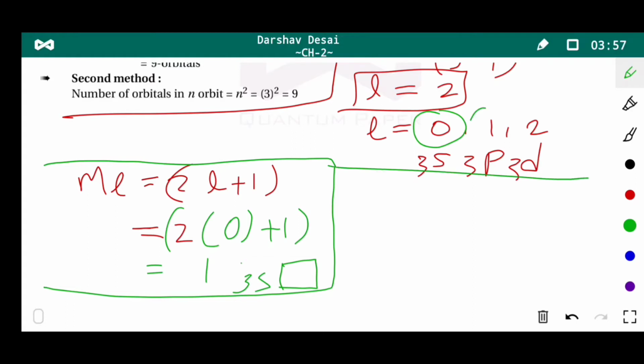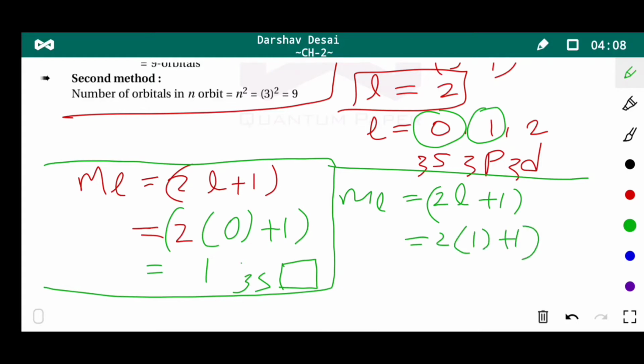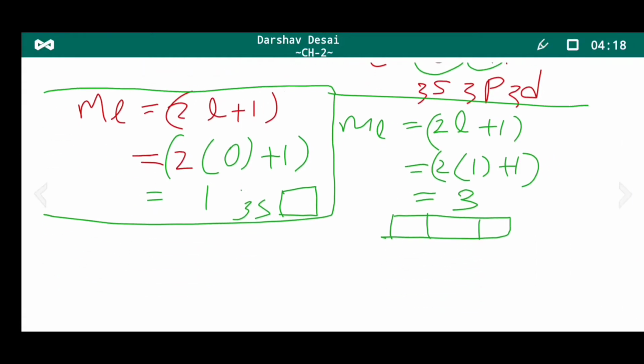Now second, if l is equal to 1, then ml is equal to 2l plus 1. The formula is similar, 2l plus 1. So 2 into 1 plus 1, so the answer is 3. So obviously the subshells of p are px, py and pz, total 3 subshells are present.